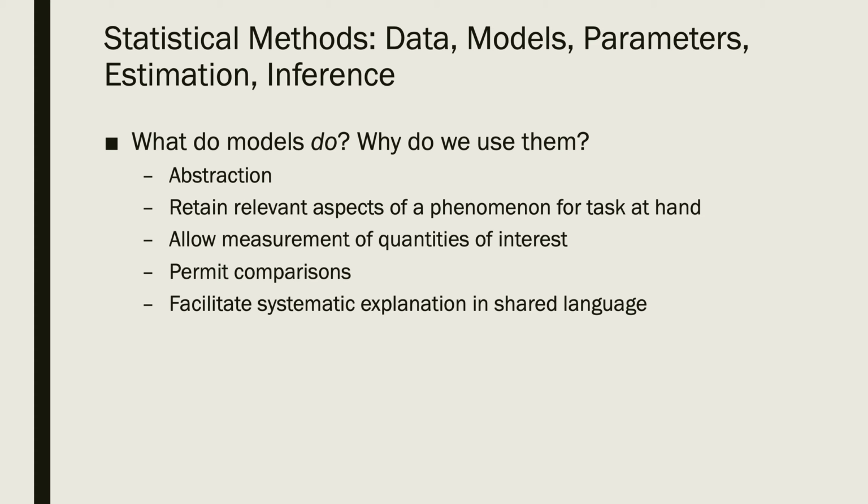Maybe we have a few imperfect indicators of the concept of anxiety or political efficacy, and we're using our model on the assumption that these imperfect indicators are being driven in some common way by the latent variable that's driving them.